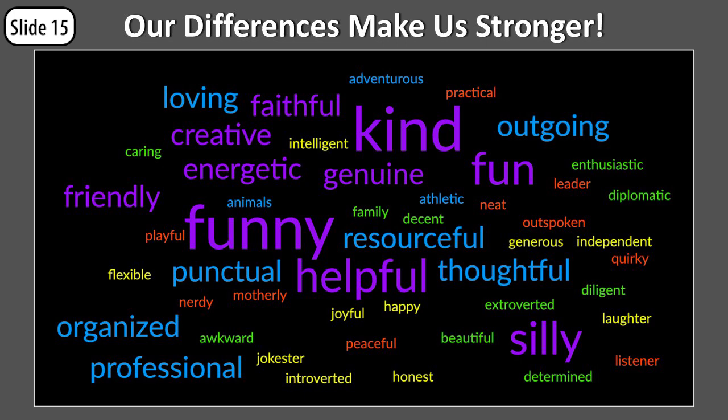Unique means different than the others. In this case, some of the unique words people shared include practical, outspoken, honest, diligent, and listener. This word cloud would be much smaller and less interesting if everyone only shared the same 5 words. Remember, all of our differences make us stronger.